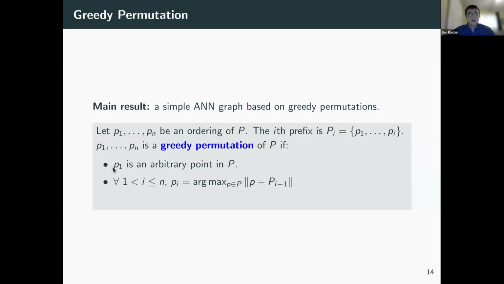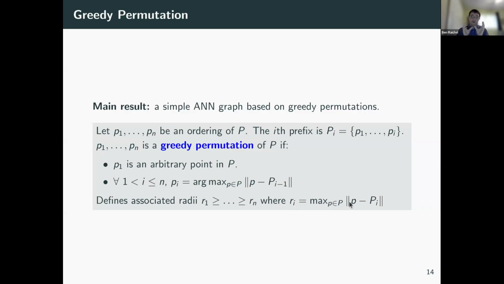And then for all other i, Pi is the point in P furthest away from the i-1 prefix. So I'm building up this ordering, and I always take the next point as the furthest point from the things I've already selected. This defines a set of radii where Ri is the distance to the prefix Pi.